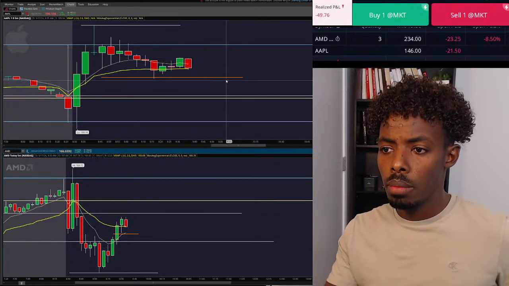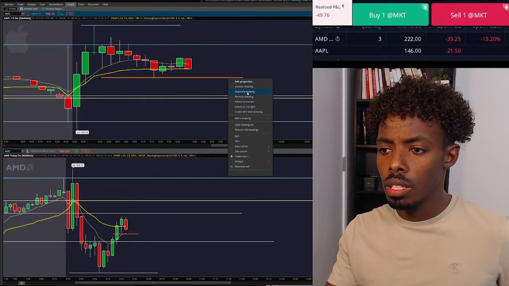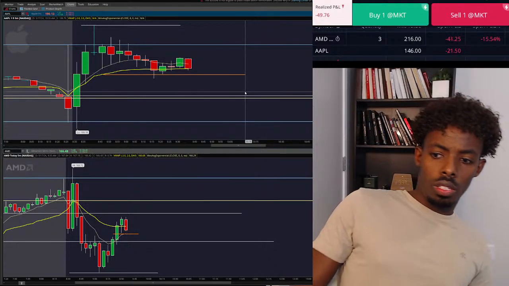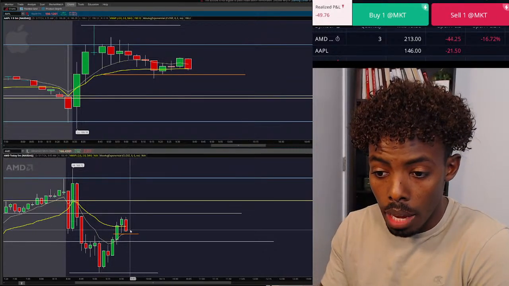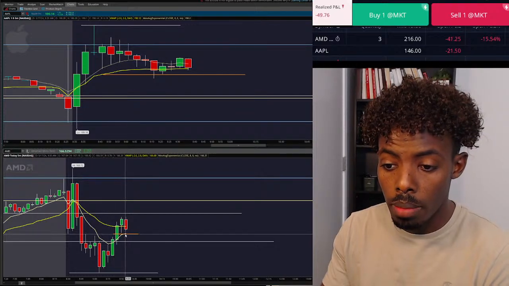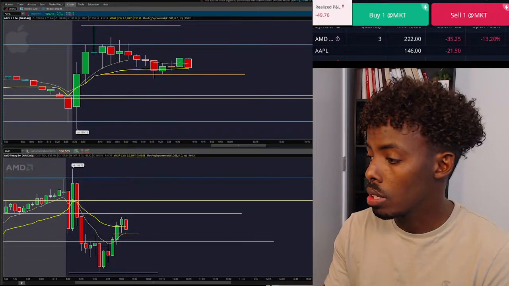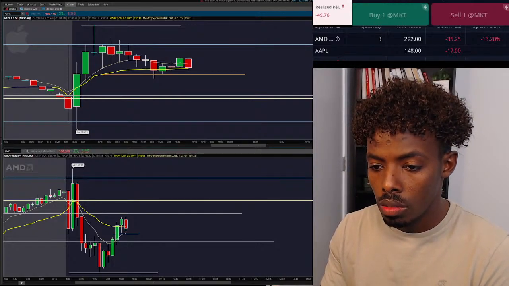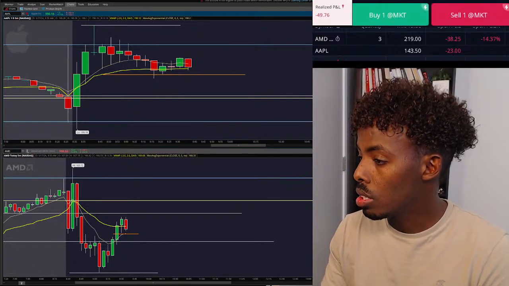Oh yeah, our stop loss, we have to move it up now. Let's go ahead and activate this. Yep, Apple looking to break its VWAP. So AMD broke its VWAP and is coming straight back down to the ADMA. Can I still add some right here? We have 2 more minutes, so maybe I should.